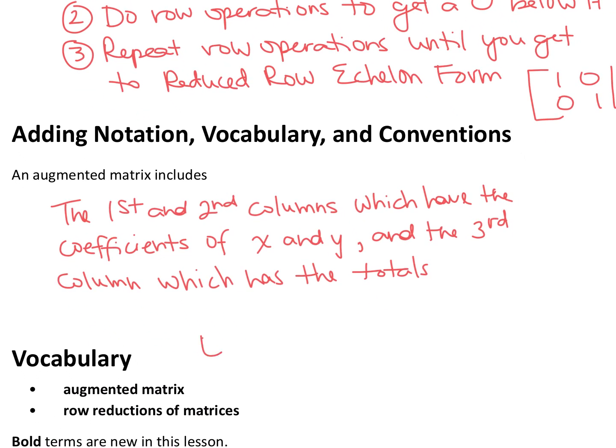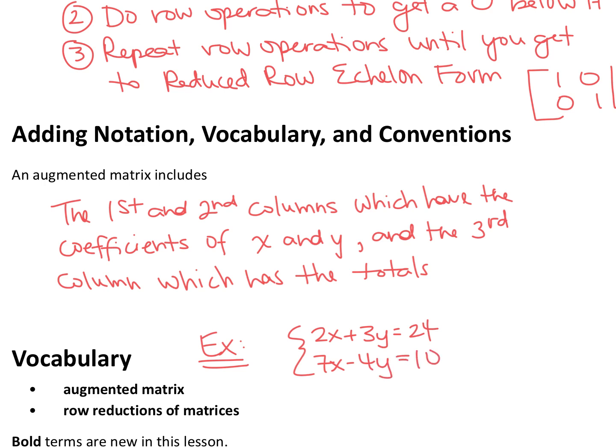Okay, so example. So let's say I have the system of equations 2x plus 3y equals 24 and 7x minus 4y equals 10.